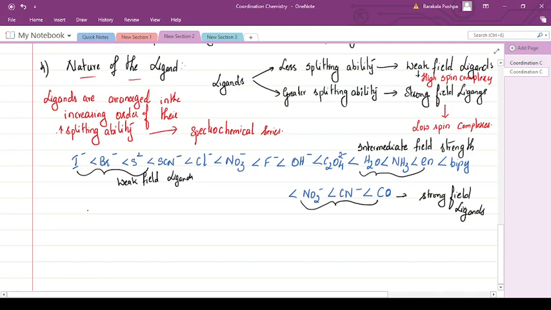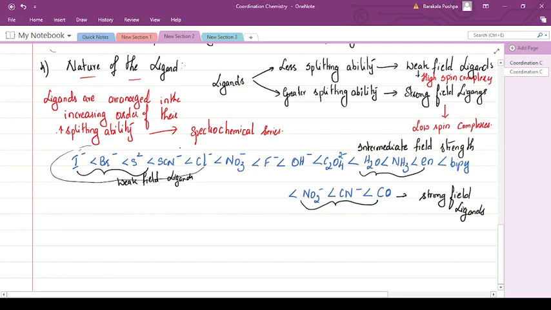So the ligands should be electron rich species. That means most of the time anionic ligands should have a greater effect. But here you can see anionic ligands are in the weak field case.